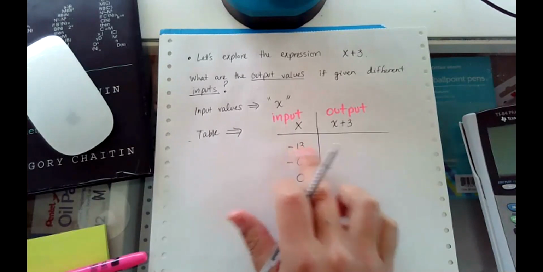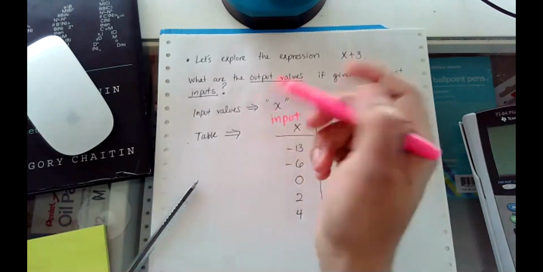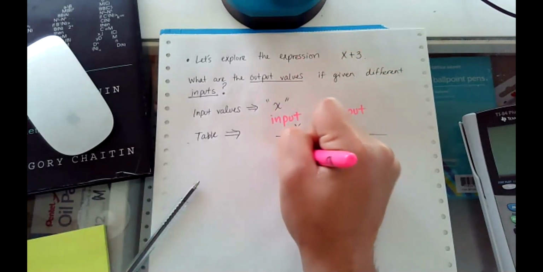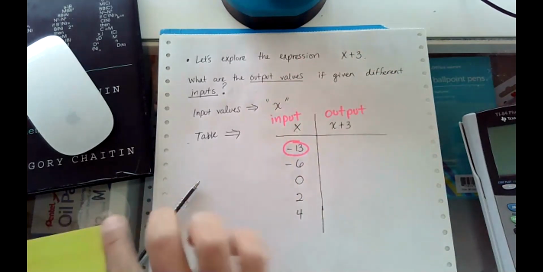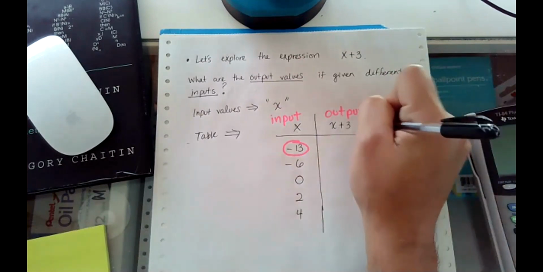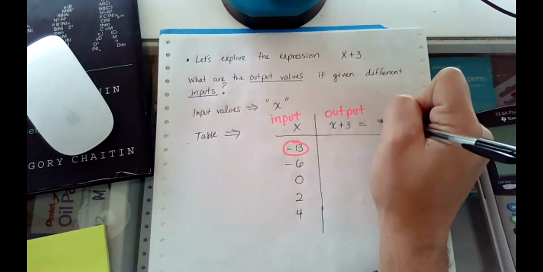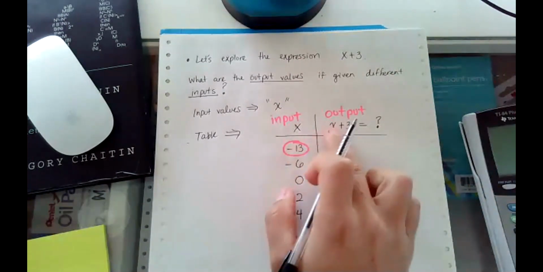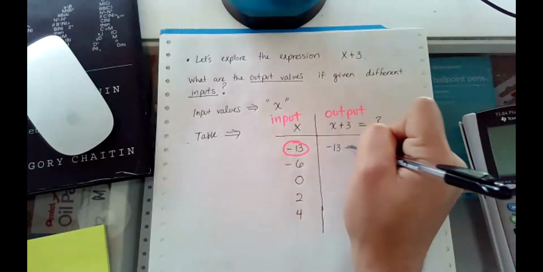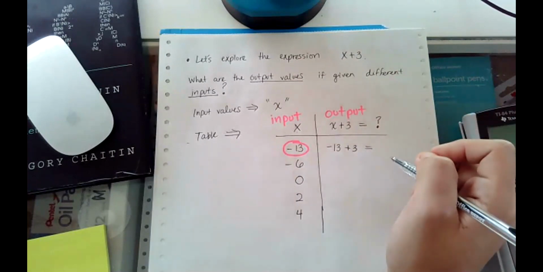What I'm going to do here is plug in this value for my x, and figure out what the output should be. So you could think of it like equals something. So if I put negative 13 in here, what is negative 13 plus 3? Negative 10.